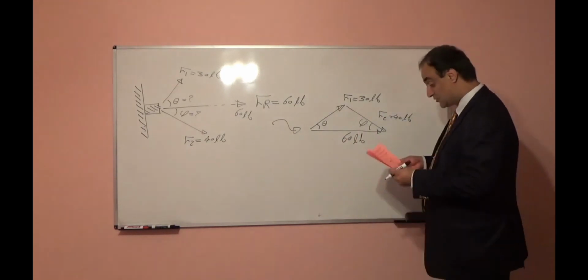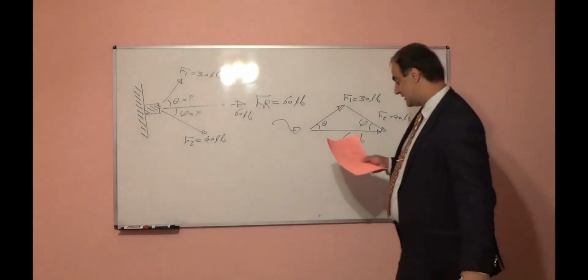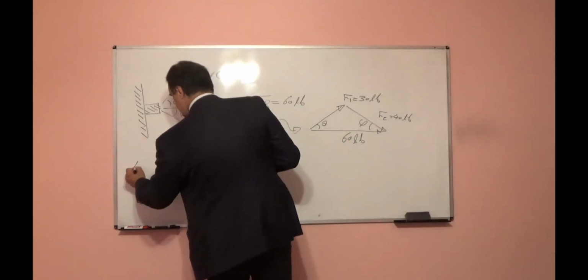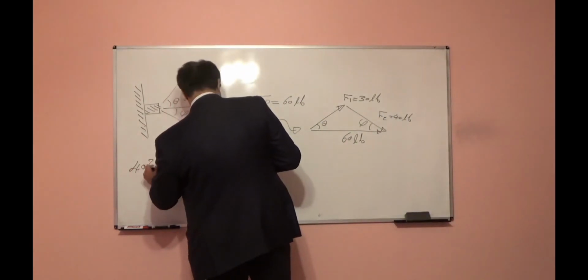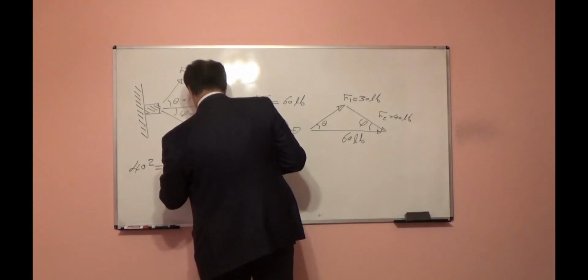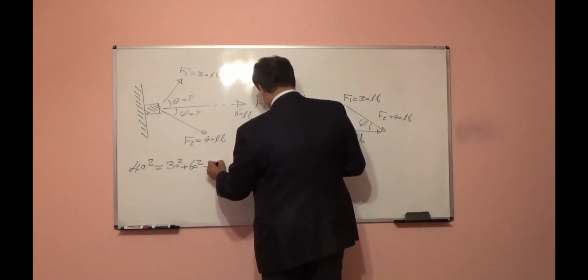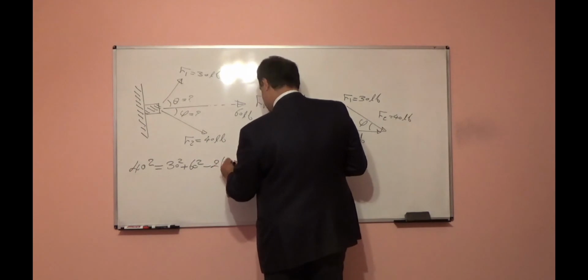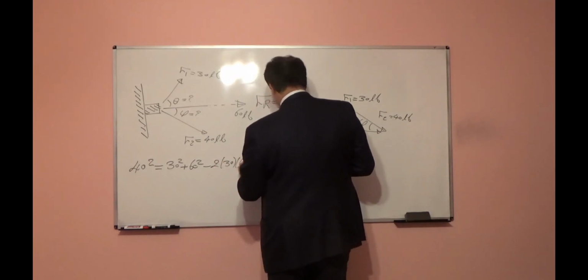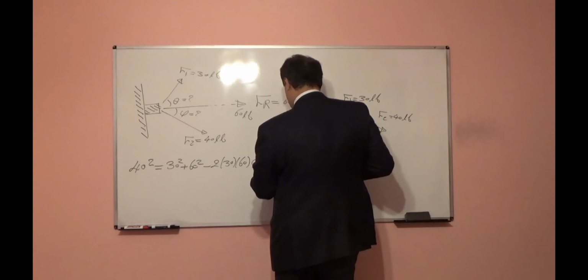So we will use the law of cosines. I can write, using the law of cosines, 40 squared is equal to 30 squared plus 60 squared minus 2 times 30 times 60 times cosine theta.